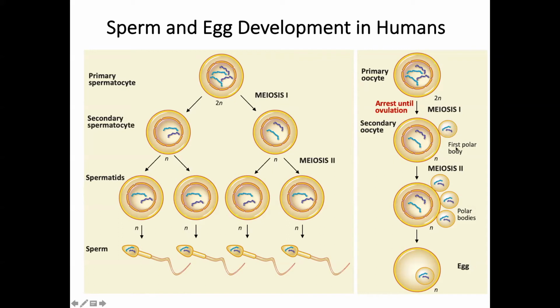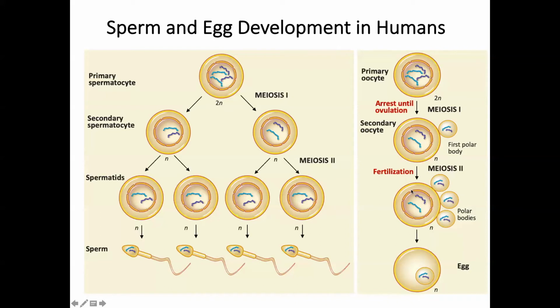The polar body still carries half of the chromosomes, but it barely has any cytosol and organelles, and does not have the ability to be fertilized. The polar body from meiosis 1 is also called the first polar body. Then meiosis 2 is initiated when sperm penetrates the secondary oocyte during fertilization.